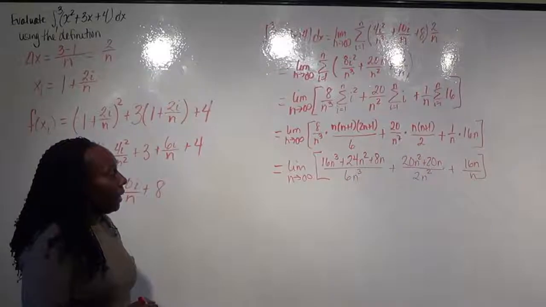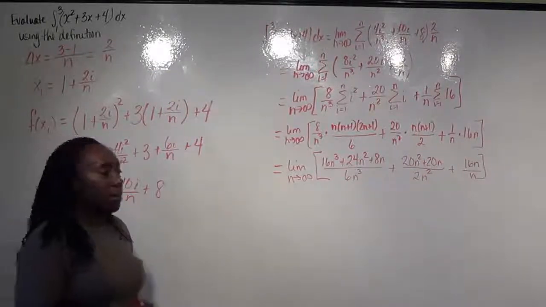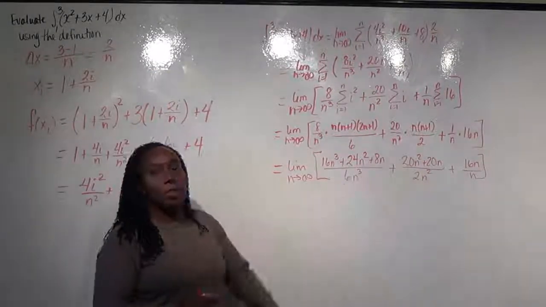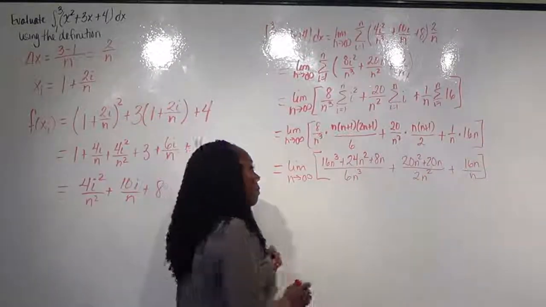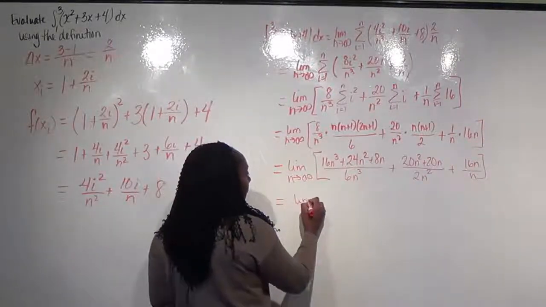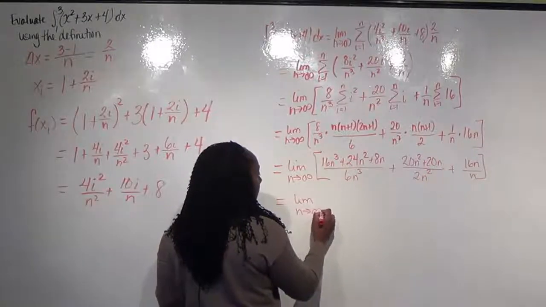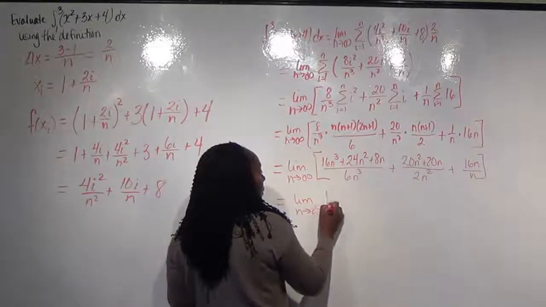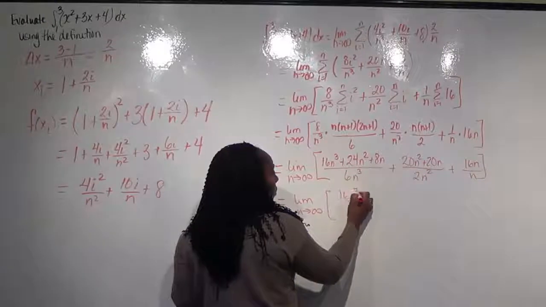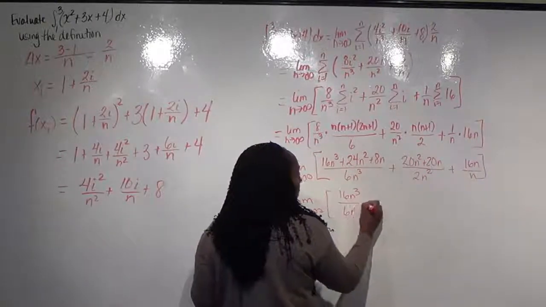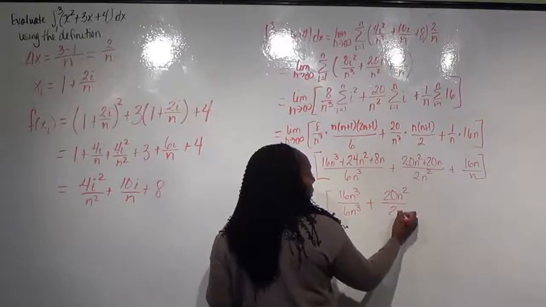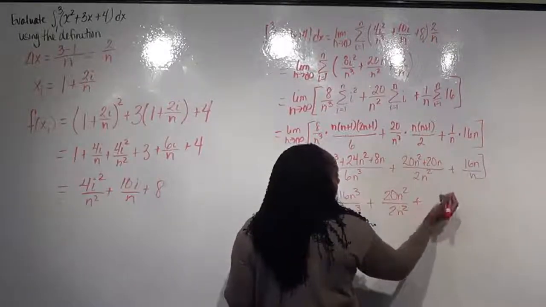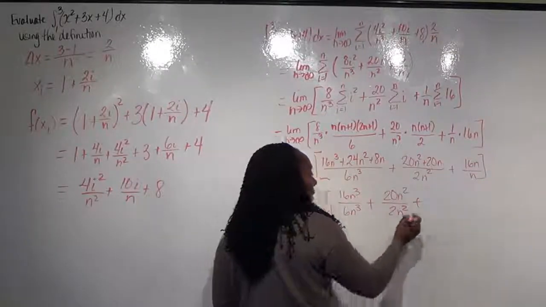Again, we can look at this as a limit of some rational expressions. So we are going to pull off the dominant terms. Our dominant terms here are the 16n cubed over 6n cubed. Here it's the 20n squared over 2n squared, and 16n over n.